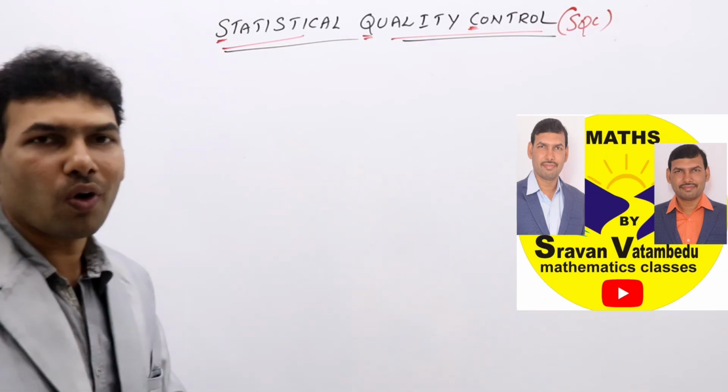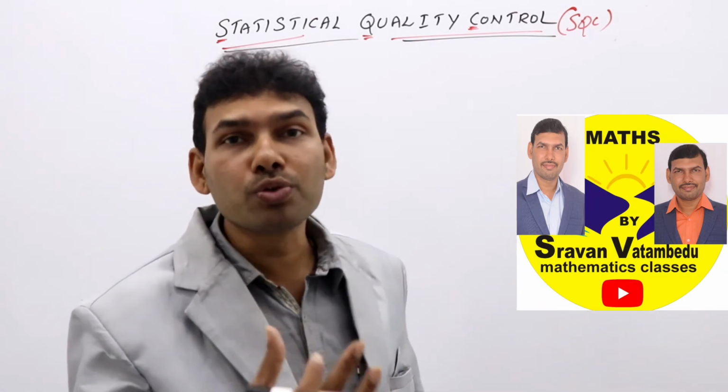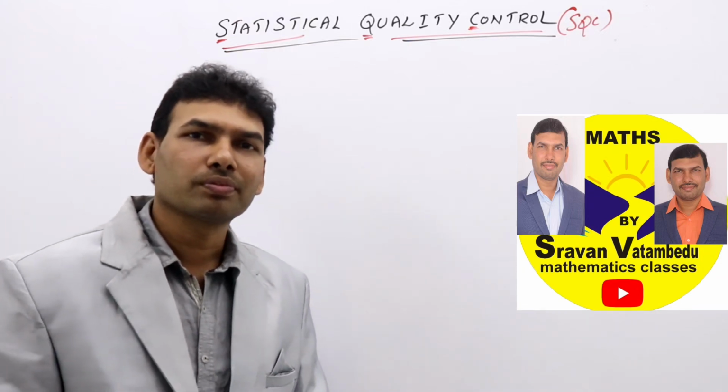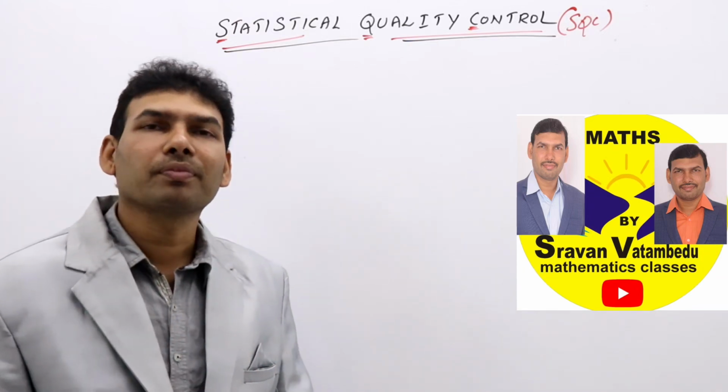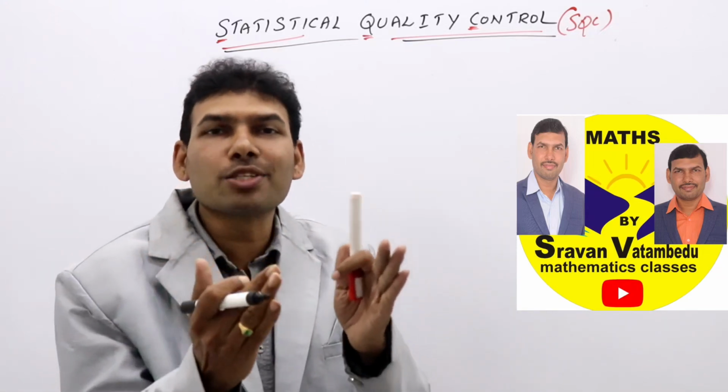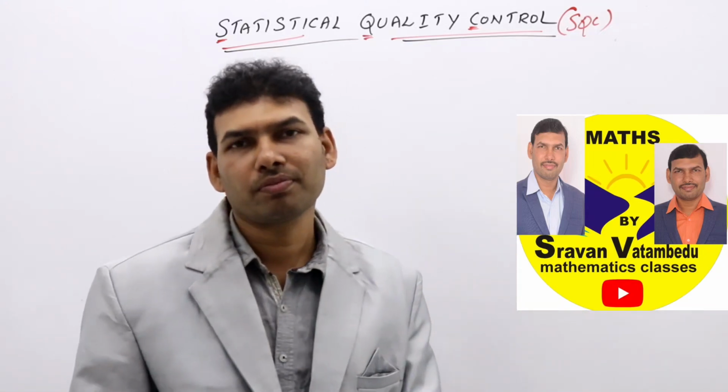So statistical quality control improves the quality of the product. It will check at every stage whether a good product is being manufactured or not.